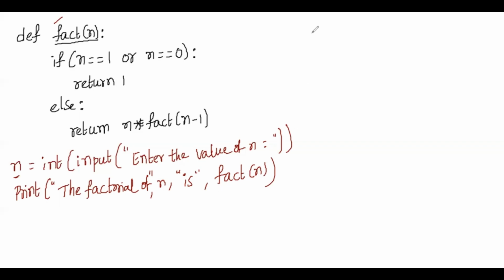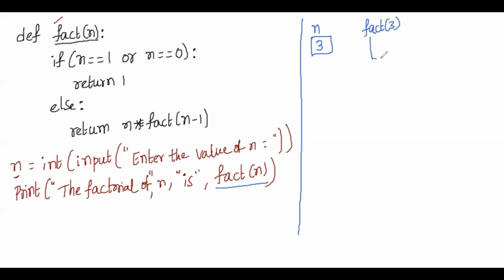So let's see this function calling recursively. Let us suppose the n value taken is 3. Immediately it is going to call fact of n. Fact of n means fact of 3 is called.